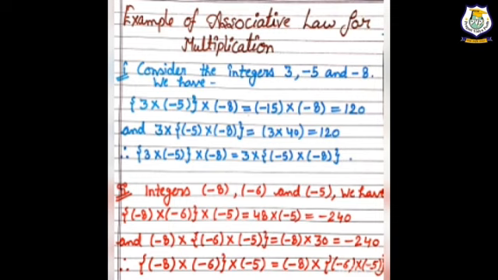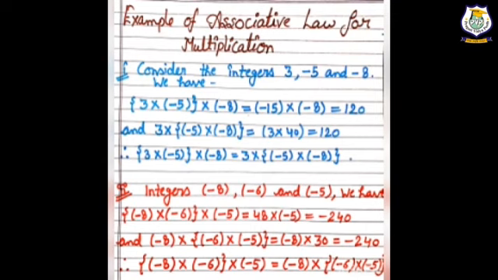In the second example, we will take all the negative integers, which are minus 8, minus 6 and minus 5. We have minus 8 into minus 6 into minus 5 equal to 48 into minus 5, which is equal to minus 240.